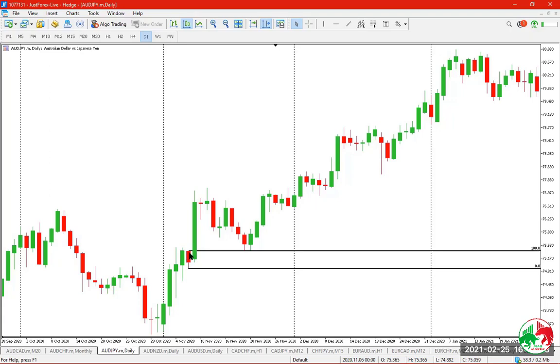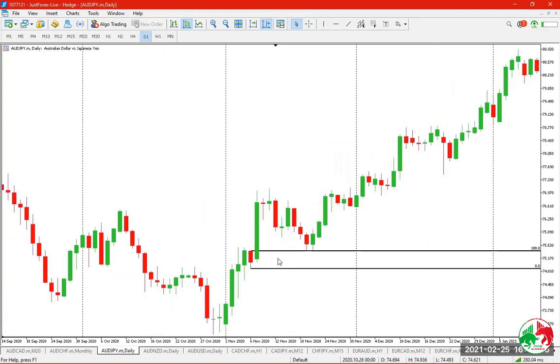So this was a clean imbalance because it took only one candle to close above the previous seller. As you can see, price came back and it was a good sniper entry here. It took only one buy candle to close above the previous open price of the sell candle.